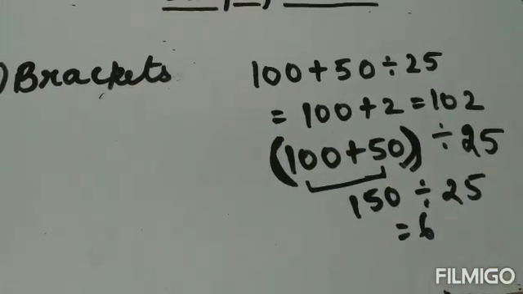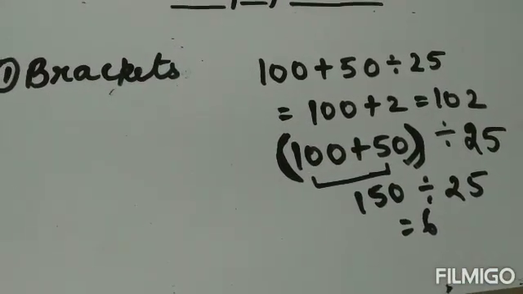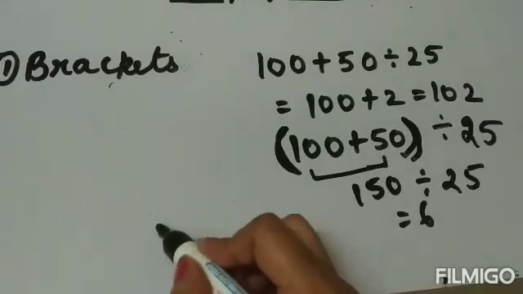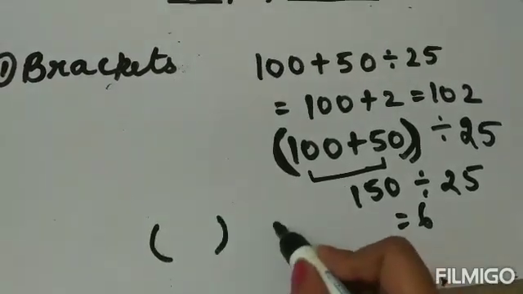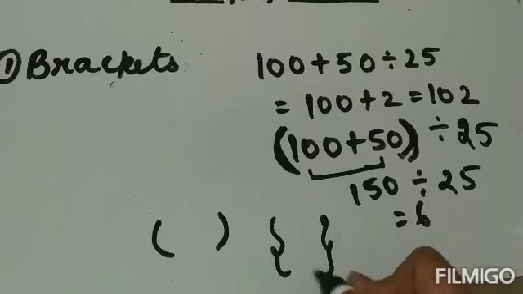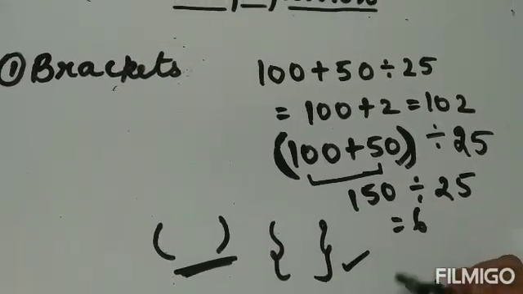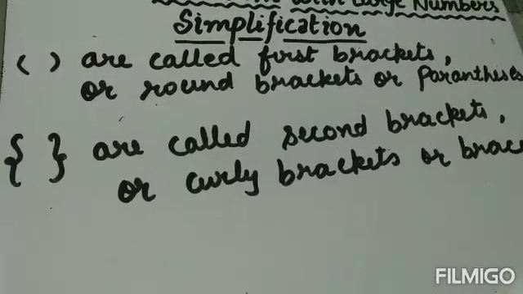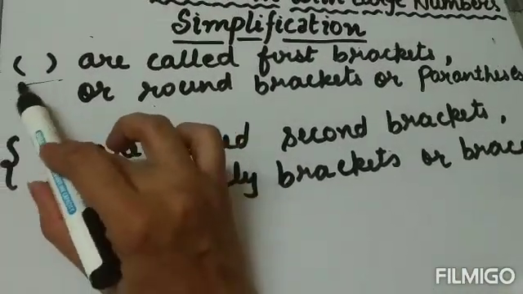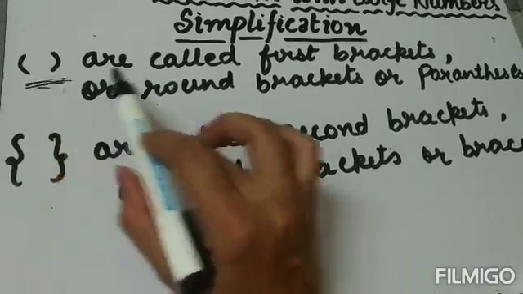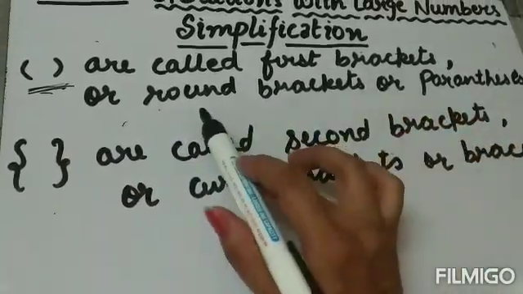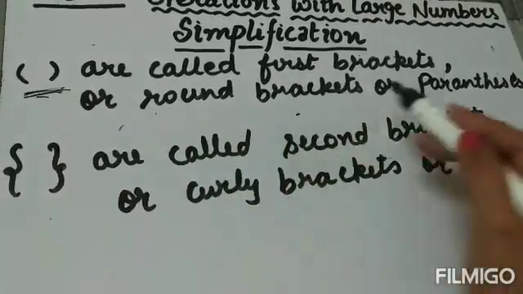Now in this class we will deal with two types of brackets. First is this bracket and second is this bracket. So what do we say to this kind of bracket and this kind of bracket? I tell you. These brackets are called first brackets, or we can call them round brackets or parentheses.